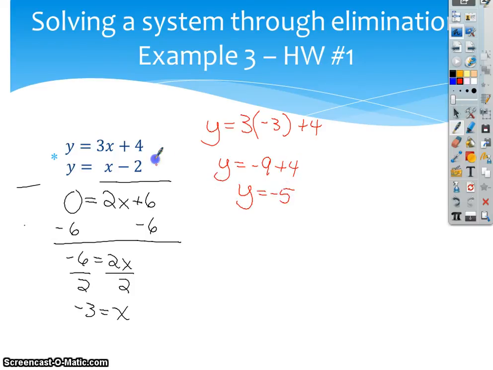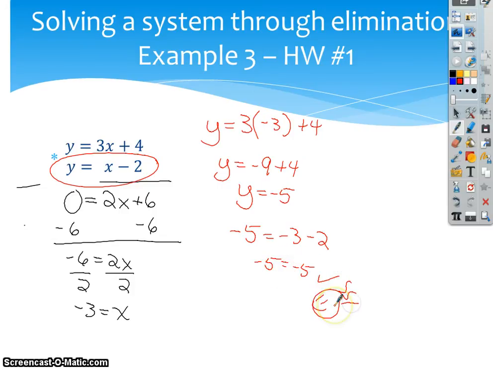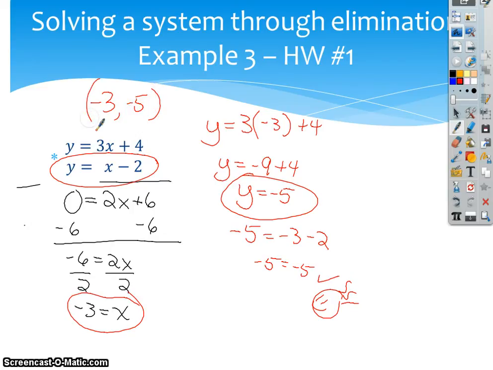And now to check, I'll use this secondary equation. Negative 5 equals negative 3 minus 2. Is that true? Absolutely. And that's what we're going for. We've got our solution. x value of negative 3, y value of negative 5.